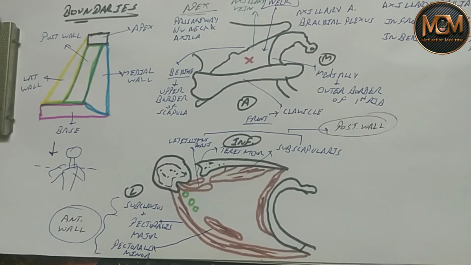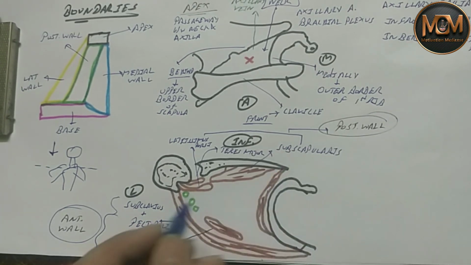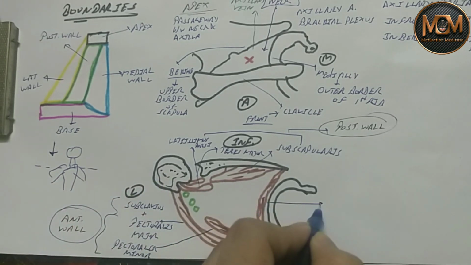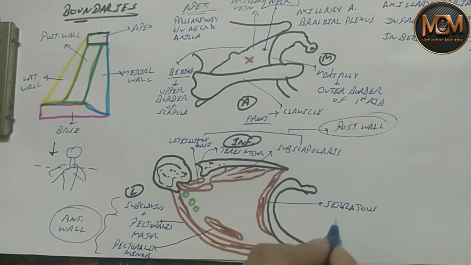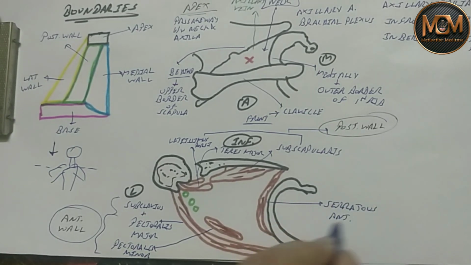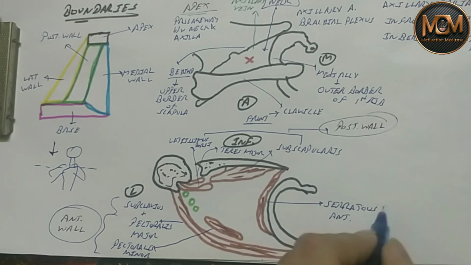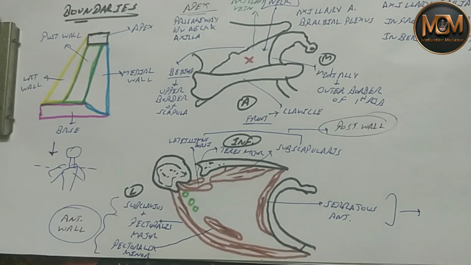And to understand the medial wall, on the medial side first of all we see serratus anterior. So this muscle, and the upper 4 or 5 ribs covered by serratus anterior, are going to form the medial wall.